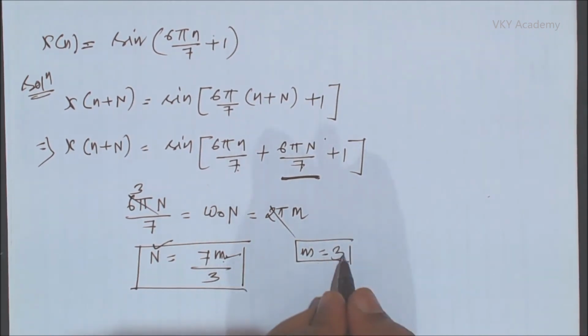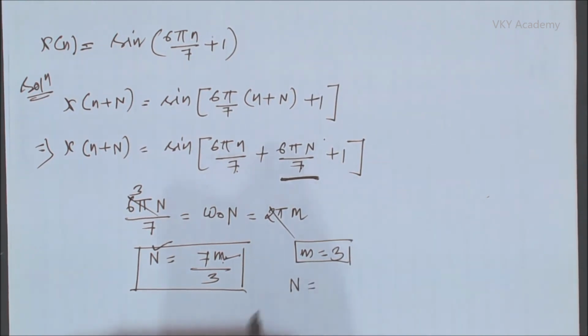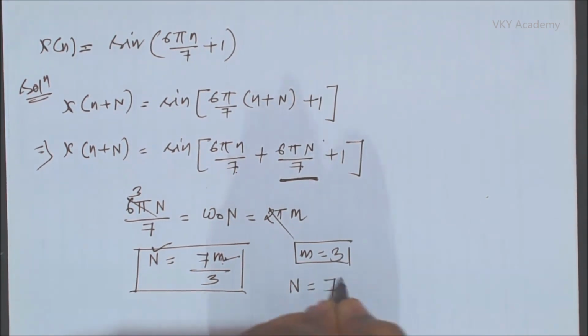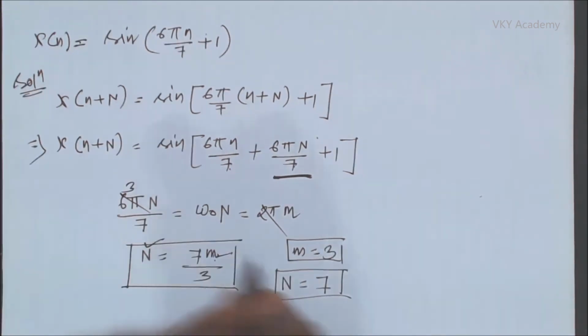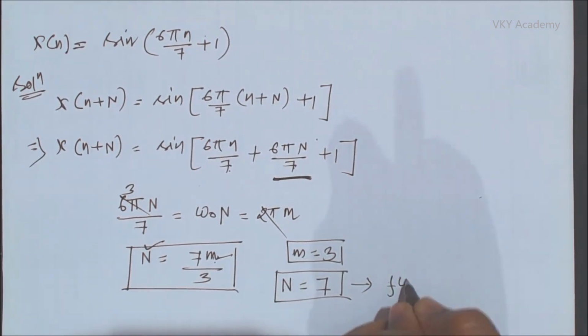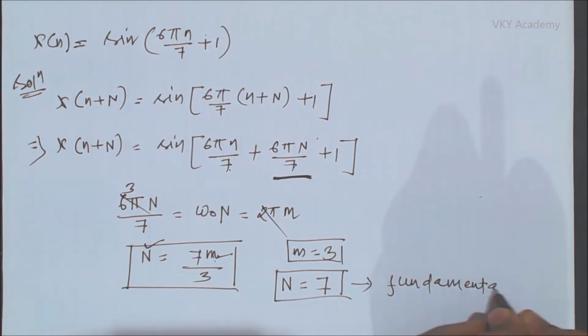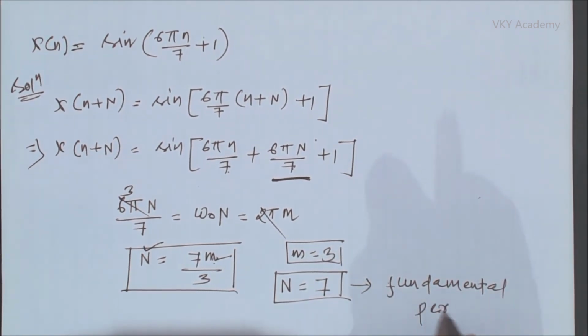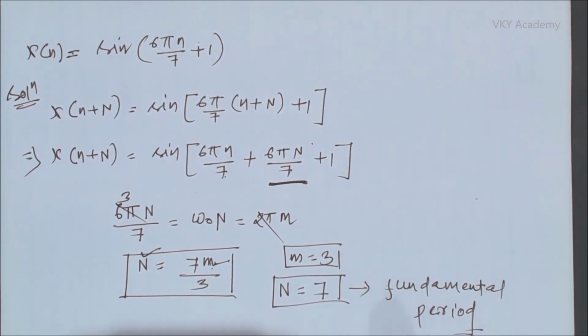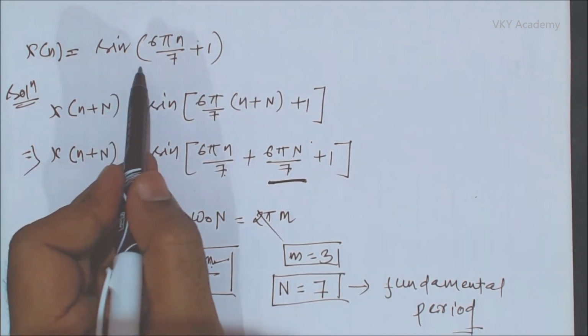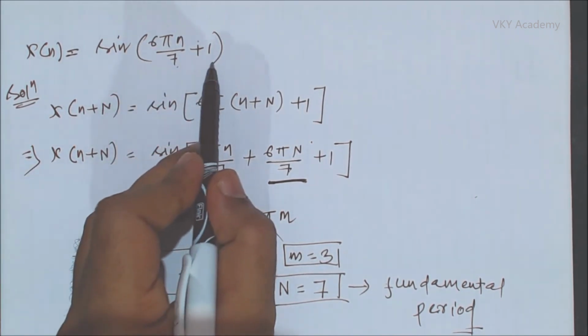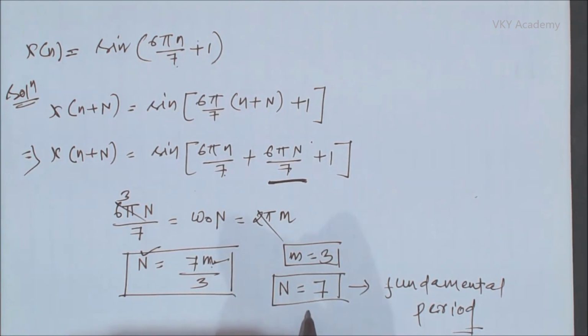So for m is equal to 3, capital N is equal to 7, and this is my fundamental period. So I can say this signal sine of 6 pi n divided by 7 plus 1 is periodic with fundamental period capital N equal to 7. I hope this numerical is clear.